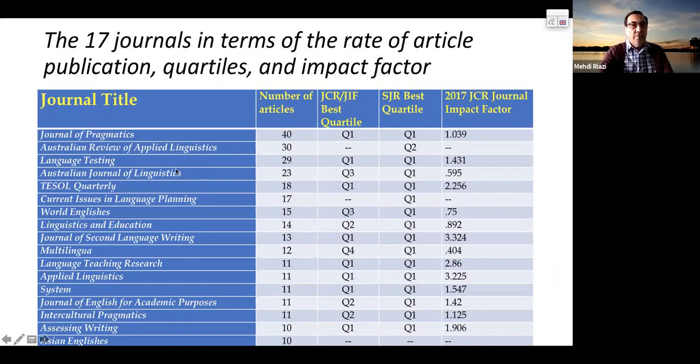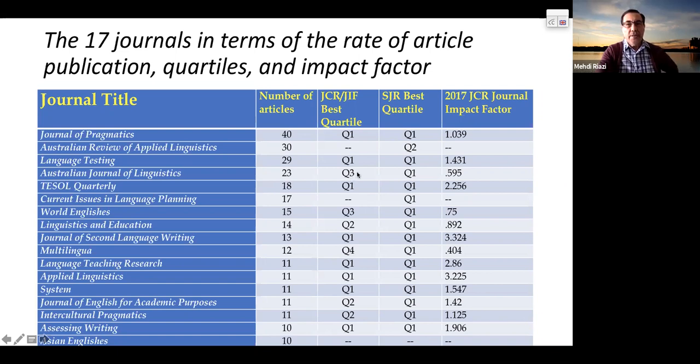And then you can see a list of other journals like Australian Review of Applied Linguistics, Language Testing, Australian Journal of Linguistics, TESOL Quarterly, and so on, with different numbers of articles that they publish. And you can see the quartile of these journals, a combination of Q1 and Q2, only one.